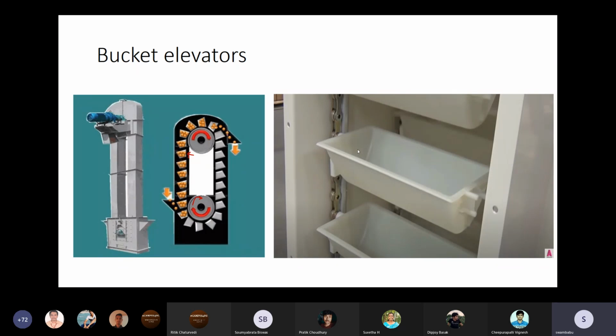When it comes to the discharge point, it tumbles down, and the solids are emptied and taken down. I'm sure nowadays in most building construction, people are using these bucket elevators to transport the concrete mixture from the ground floor to the top floor. I'm sure you all know it.